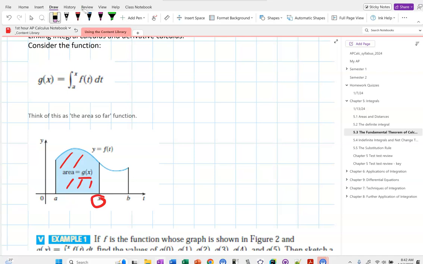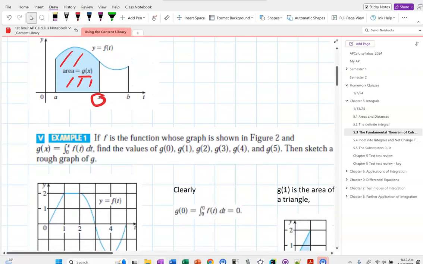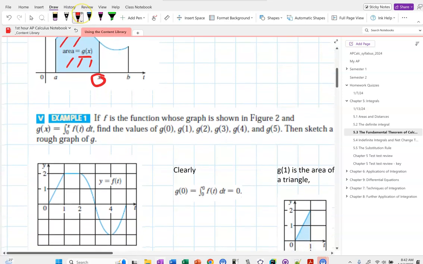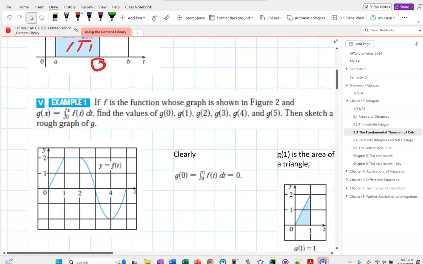Okay. All right, so let's look at an actual numeric example to help us work our way through this. We're given a graph of f of t, and we're asked to find the values of g of 0, g of 1, g of 2, g of 3, g of 4, and g of 5. And then we'll sketch a graph of what g would look like.